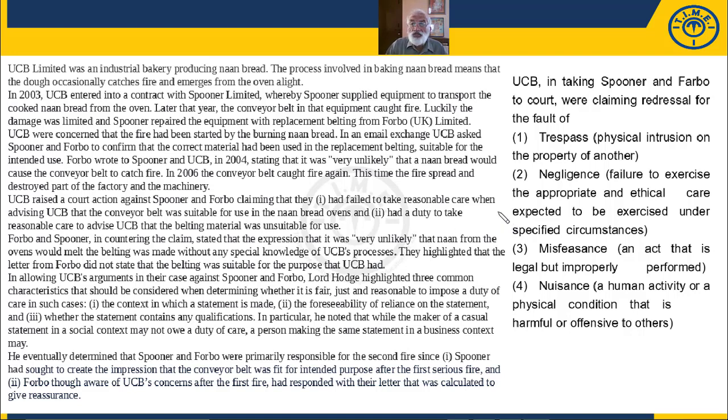Basically, this is what answers that question over here, right? This part. What they're pointing out is in either aspect, if you're saying it was suitable, then you should have taken reasonable care to tell us it's suitable, which is what you were trying to imply when you said very unlikely. On the other hand, if you thought it was not suitable, then you should have told us so, right? So I need to understand that this is a lack of care.